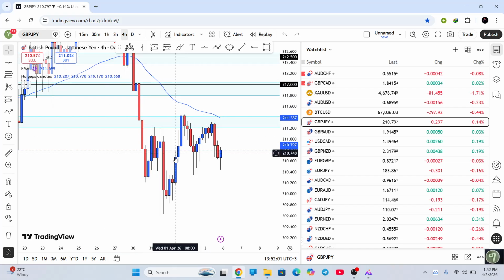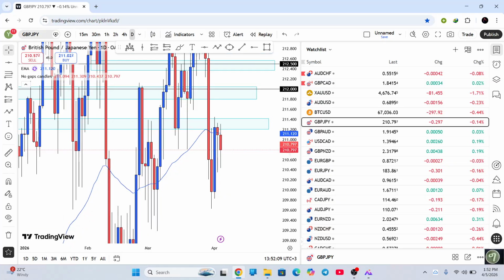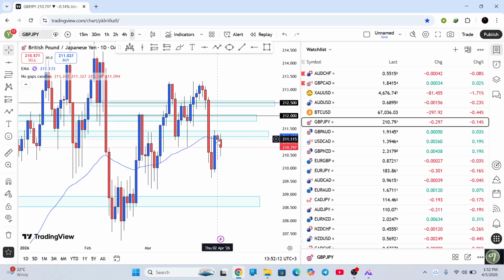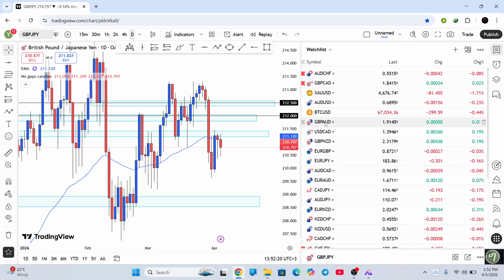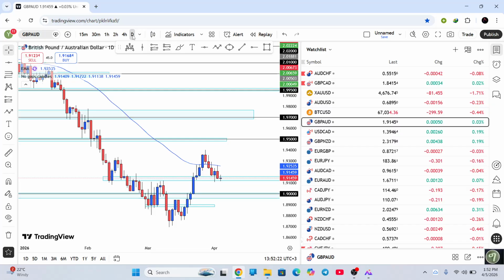This is the higher high, this is the higher low, this is the higher high, this is the higher low. This is just a market structure, so I can't find a better setup. Anyways, I'm out of this, but whatever. For Monday, I'm not interested in this one.